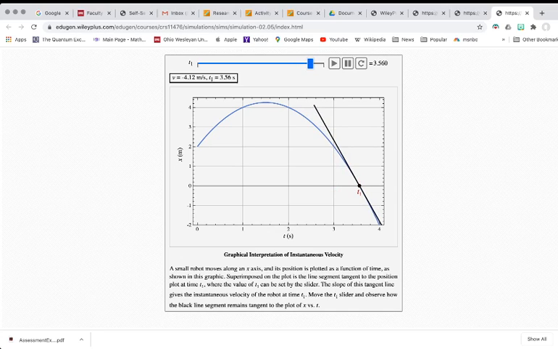There we are, that's pretty close, right? The x is 0 here, because the x is the vertical axis. But the velocity tells me what the rate of change of position is. So I have a pretty large negative slope to my tangent line. In fact, the v is negative 4.12 meters per second. Negative sign tells me that it's moving in the negative x direction.